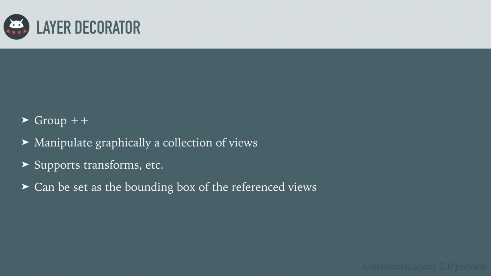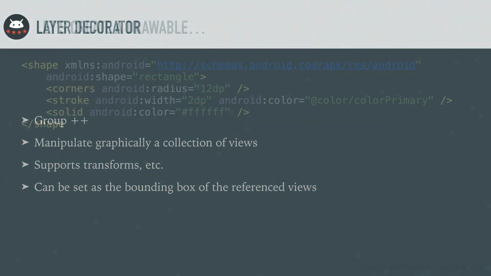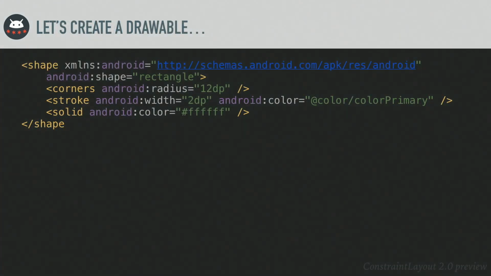So it'll support transform operations like scaleX, scaleY, etc. It also is aware of the bounds of the object, and its bounds are going to be associated with the bounds of the collection of objects, plus you can add margin. So first, a simple good example is, let's say you take that bounds and you want to draw something on it. We define a shape, in this case a sort of rounded rectangle.